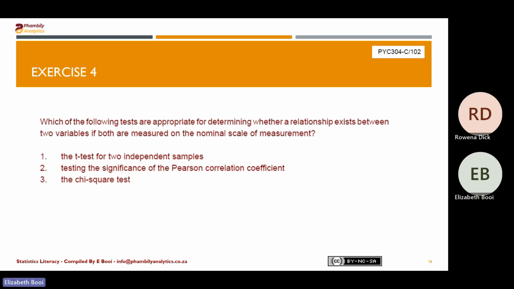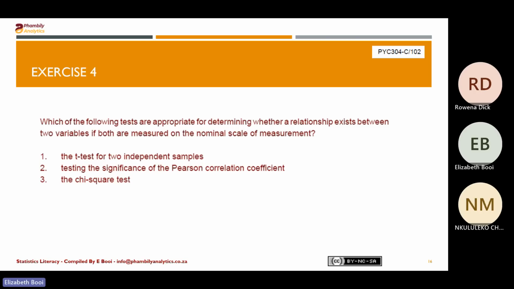Number 1, the t-test for 2 independent samples. Number 2, the test for significance of Pearson correlation. And number 3, the chi-square test.